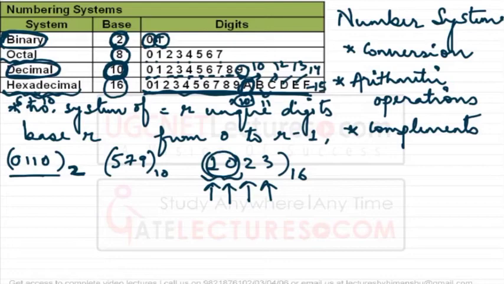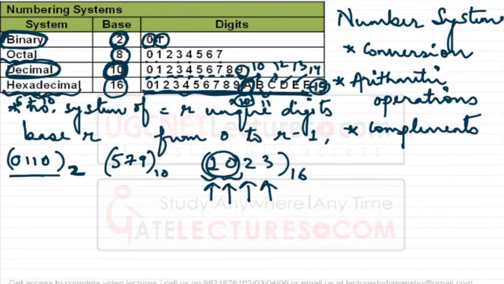So see, it has 16 unique digits ranging from 0 to 15. But how are we representing 15 here? As F. Fine. So one more thing you can note here is that the largest possible digit in a number system of base R is R minus 1.